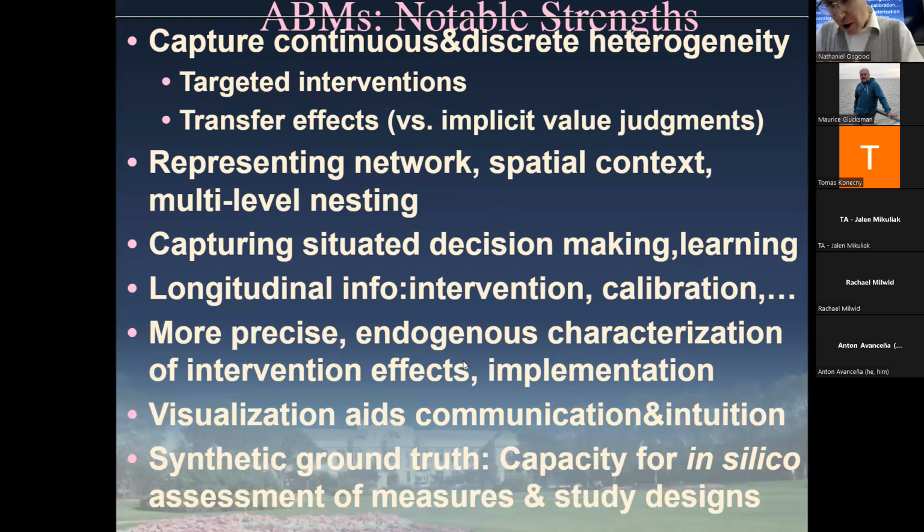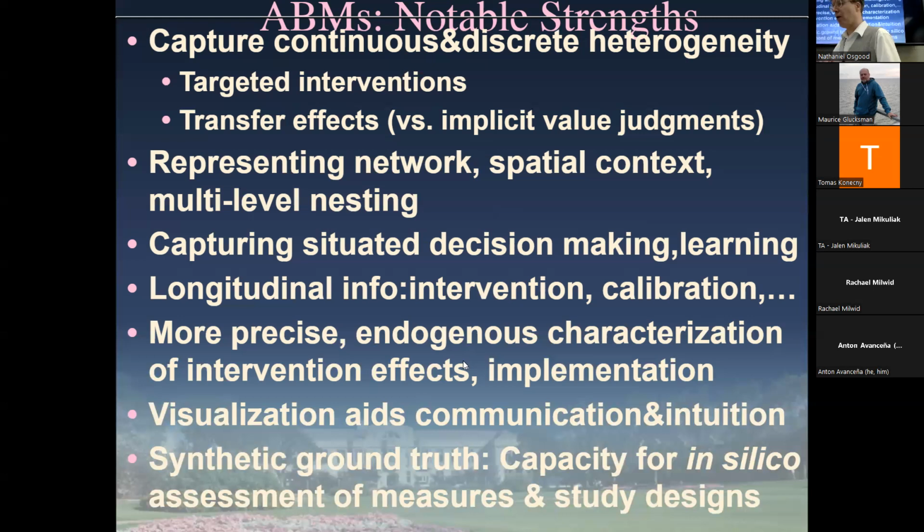And if you're thinking about interventions, agent-based modeling is the right place to go if you're interested in questions involving implementation science, issues of scale up, issues of resources needed for implementations, how we design the intervention to be most effective, and so on.